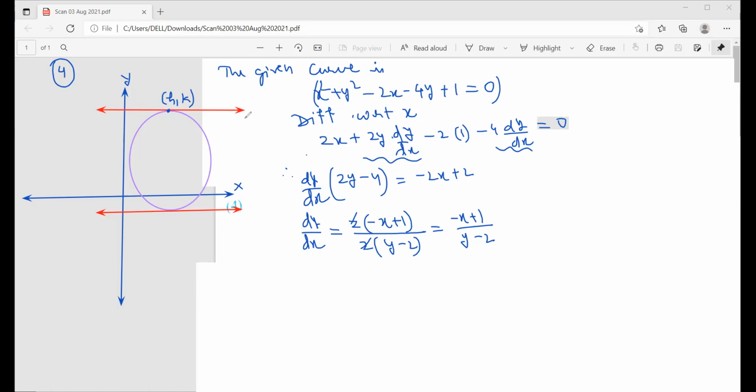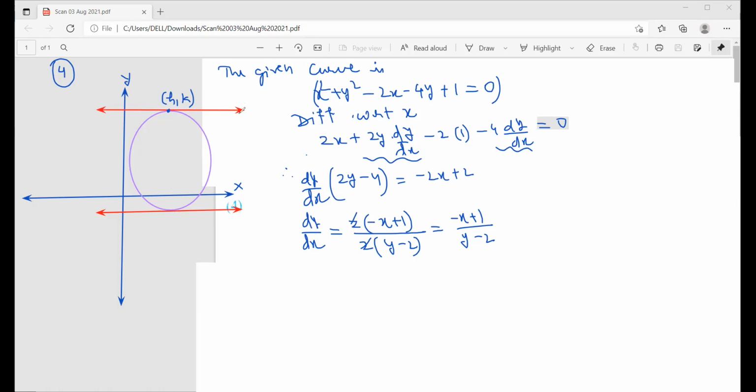So try to understand that the equation of a tangent you would get if you know a point on the tangent. They have made the question very, very easy by writing that the tangent is parallel to the x-axis.